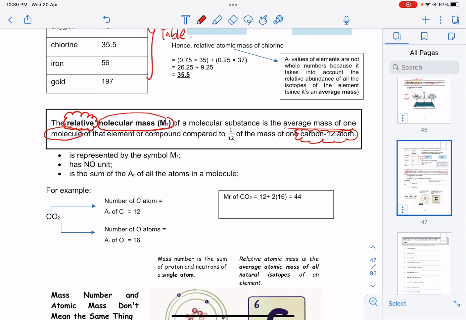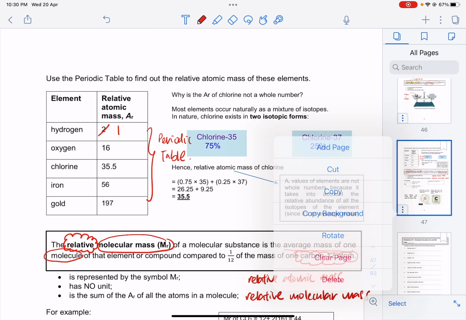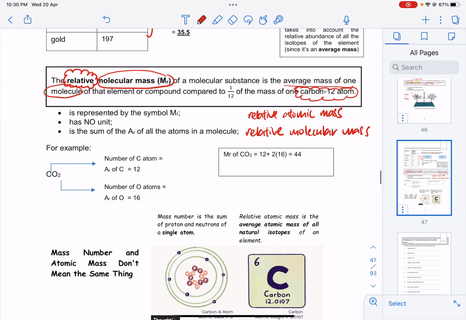Let's sum up the two definitions. First, relative atomic mass. Second, relative molecular mass. Atomic mass is the mass of an atom.